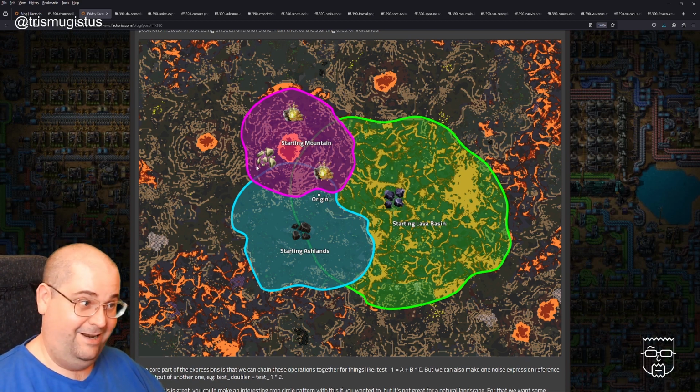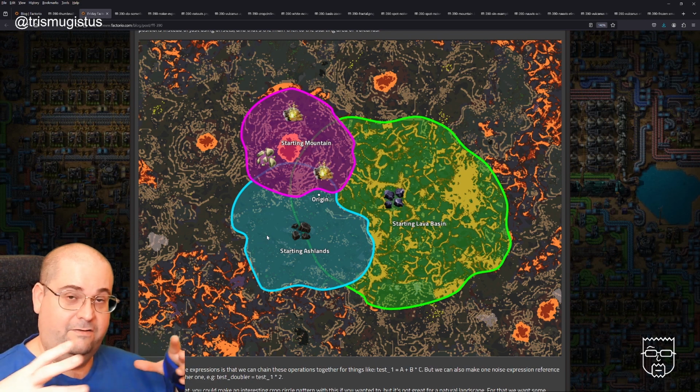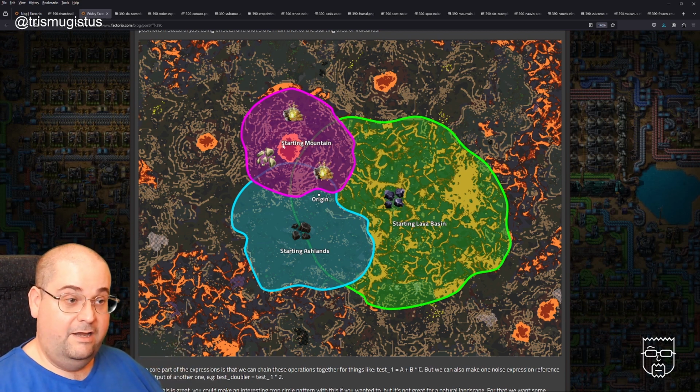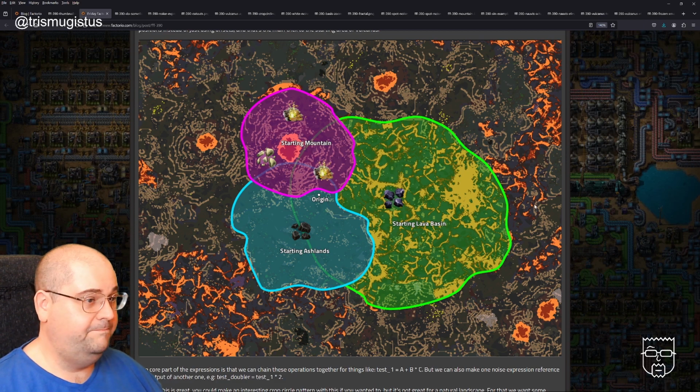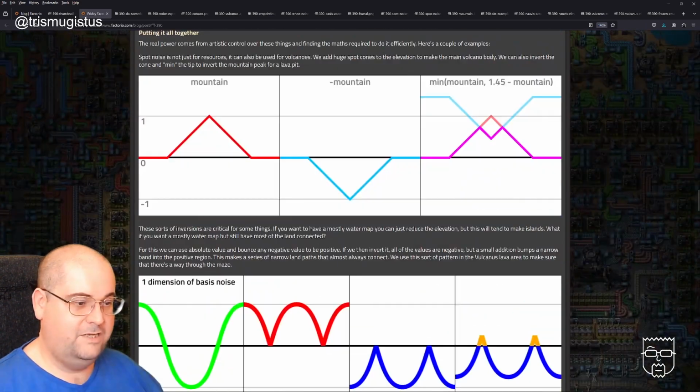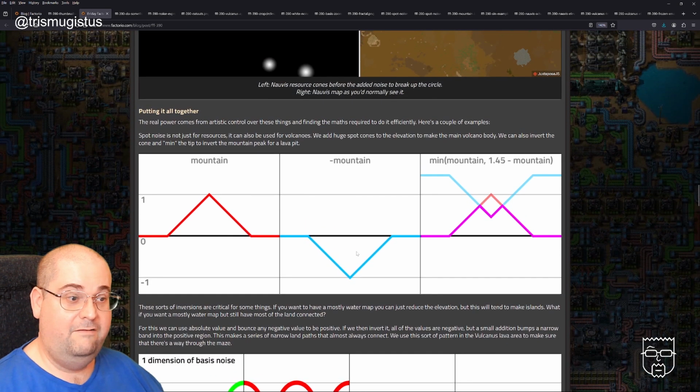Obviously it's all flat, really, it's just an optical illusion, but that's how they're creating the height that defines where they are. And then to create the caldera, the bit in the middle of the volcano, the lava, they take that same mountain, invert it, so multiply by -1, and then give it an offset, so punt it up, essentially.